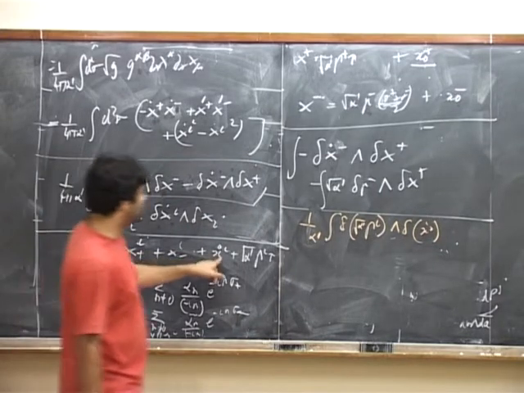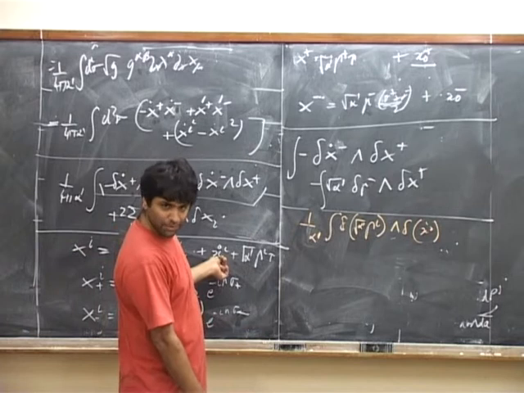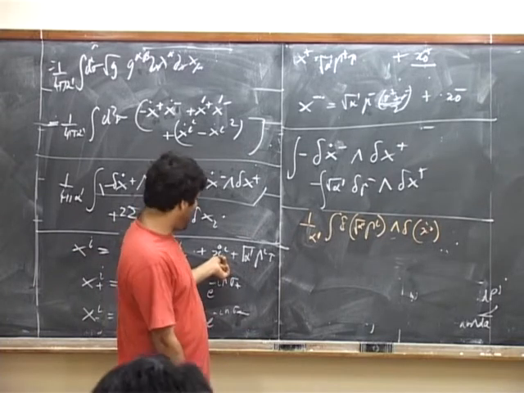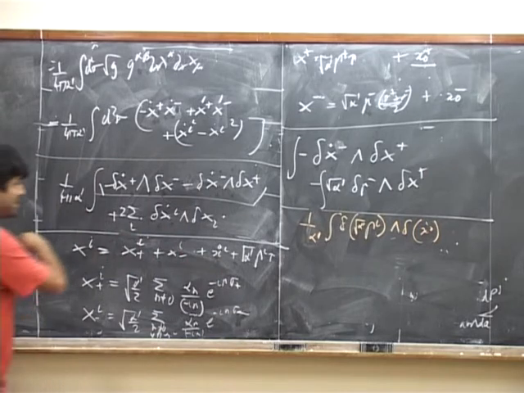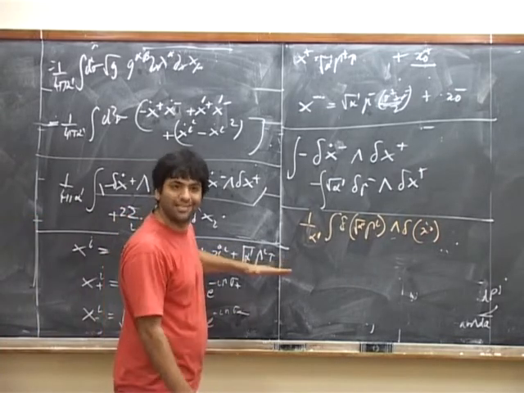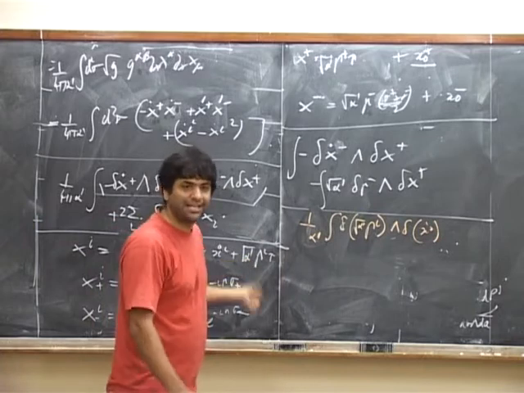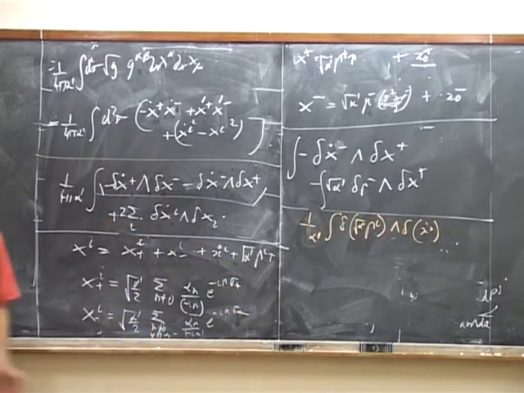When I do x dot, I don't get anything from x0. And I'm doing it at tau equals 0, so at tau equals 0 this thing is 0 unless I take a time derivative.